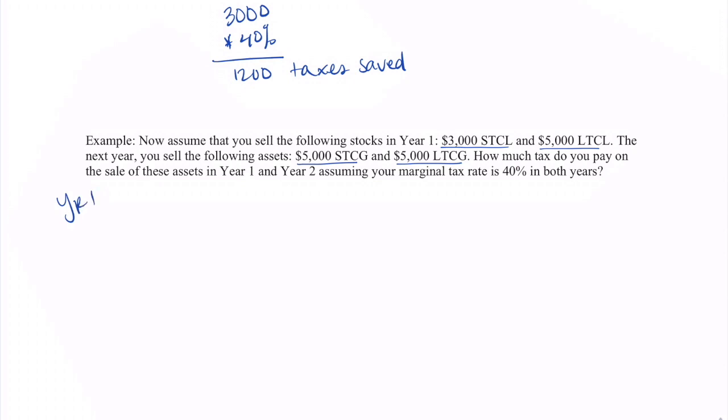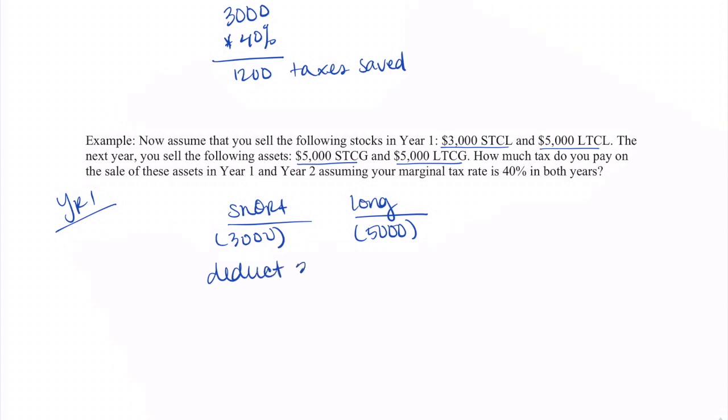So let's do year 1 first. We have the shorts and the longs. In year 1, we have the $3,000 short-term capital loss and the $5,000 long-term capital loss. We deduct the $3,000 that's allowed against ordinary income.